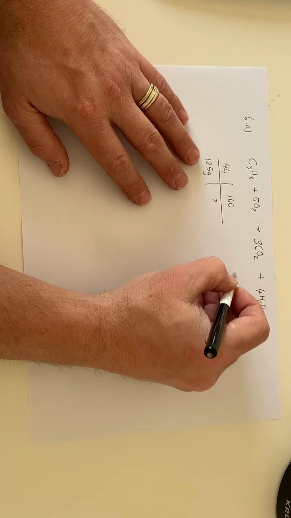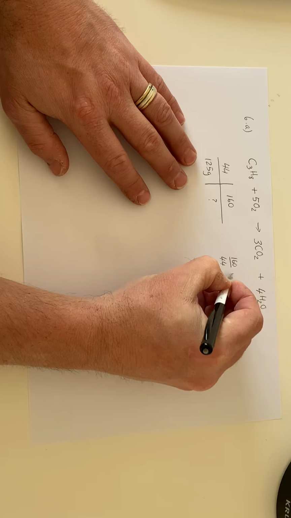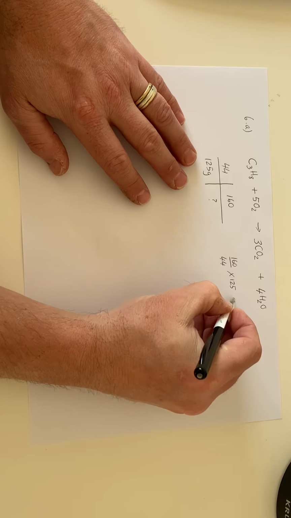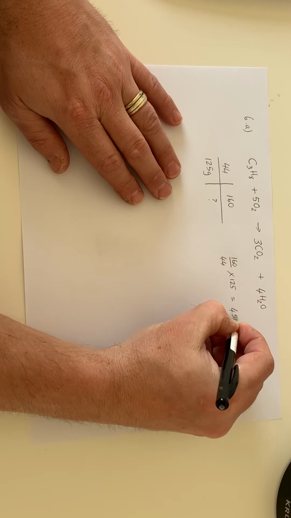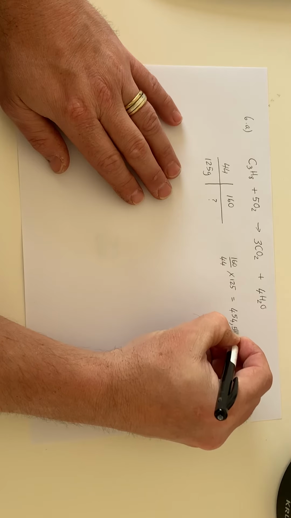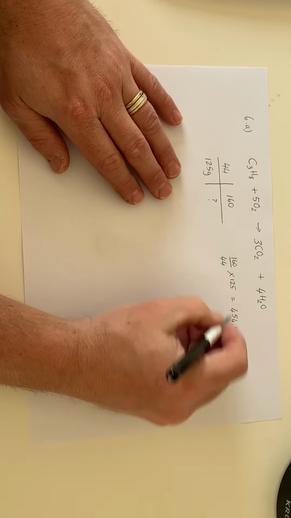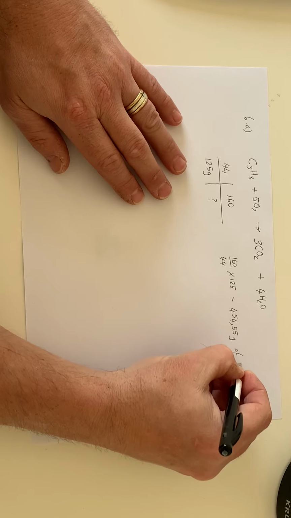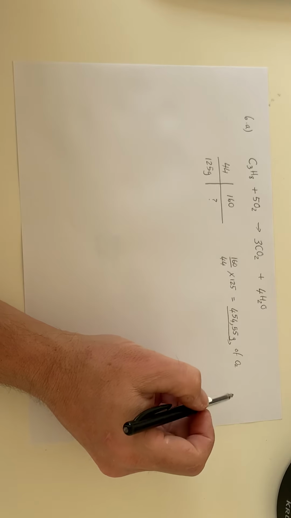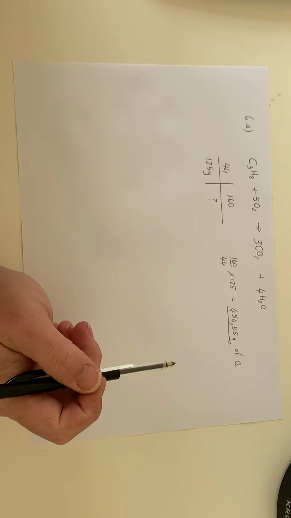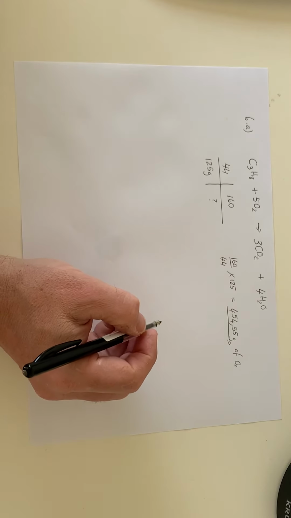So we put the larger number over the smaller one, multiply by 125, and you end up with 454,5454, and you make it 454,55 grams. All right, so that would be grams of oxygen. Okay, so you need 454,55 grams of oxygen to react with propane, a complete reaction. Right, so that would be the answer to B.